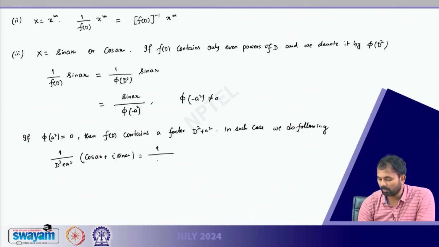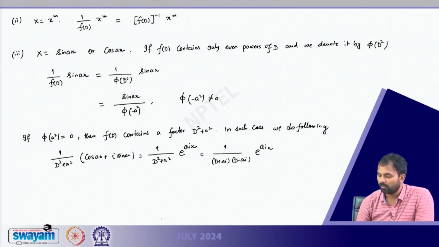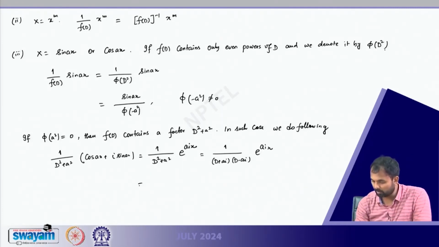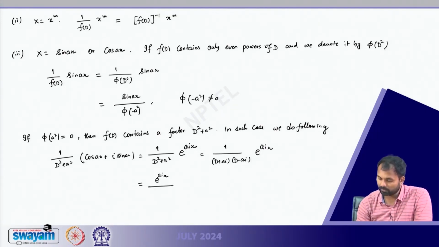So, this will be 1 by D square plus a square of e to the power iax, and this leads to 1 by (D plus ai)(D minus ai) of e to the power iax. Then we replace D by D plus ai, where D plus ai is not equal to 0, and the factor which is becoming undefined becomes D plus ai minus ai.